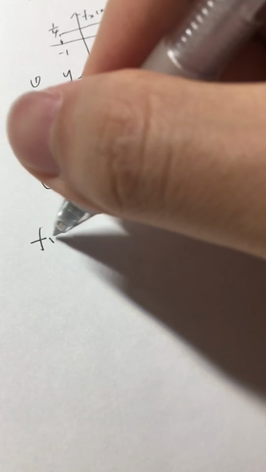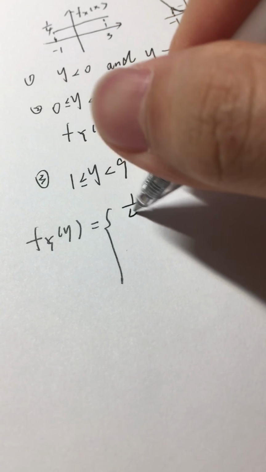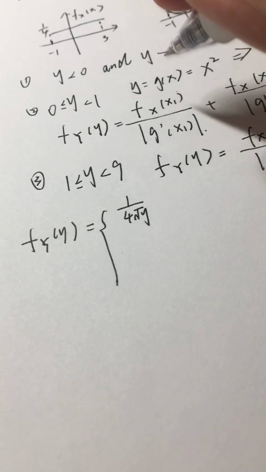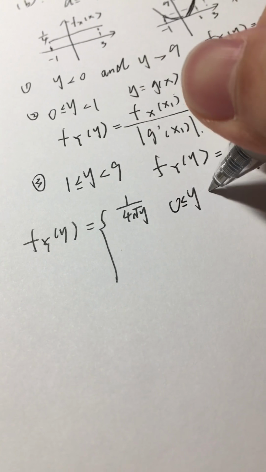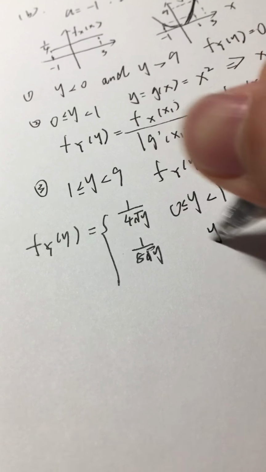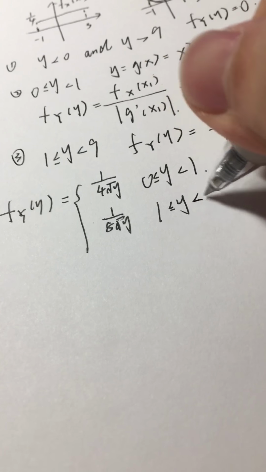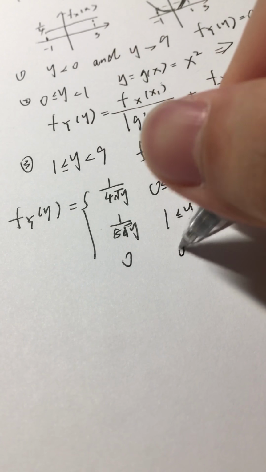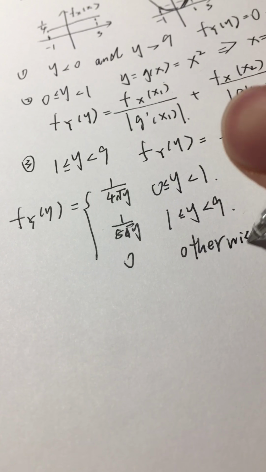So we can write fy of y equals 1/4 times the square root of y when y is between 0 and 1, and the corresponding expression when y is between 1 and 9. Otherwise, this function is 0.